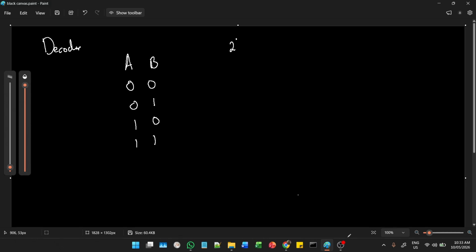That means we have 2 to the power n, which is 2 to the power 2, which is equal to 4 outputs, right? So here we will have F0, F1, F2, F3. F0 will only activate when A and B are both 0. F1 will only activate when one of them is 1, and so on and so forth. So this is what a decoder is essentially, right?